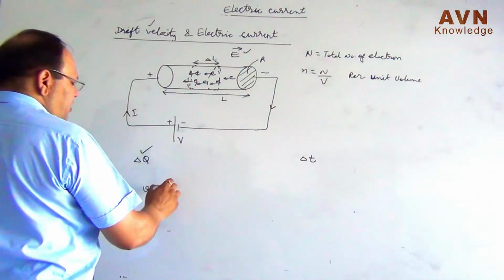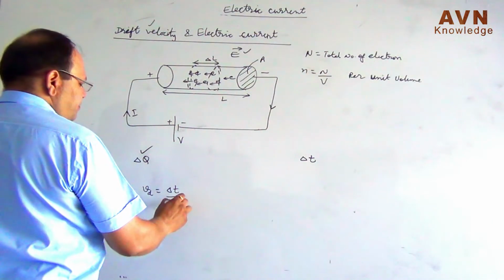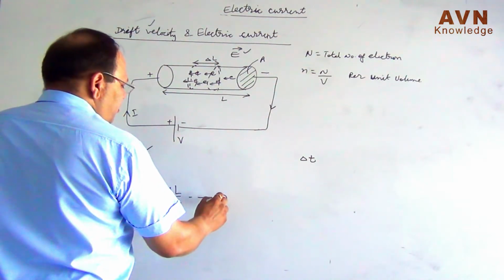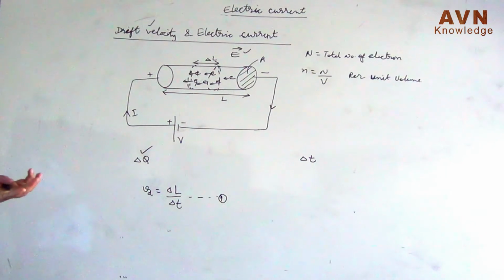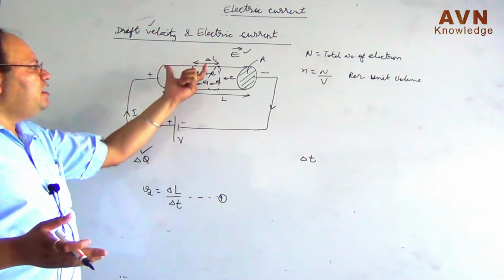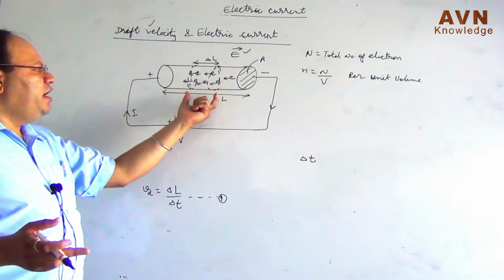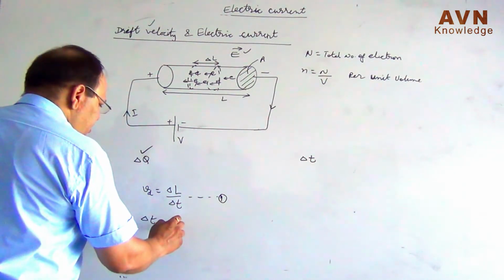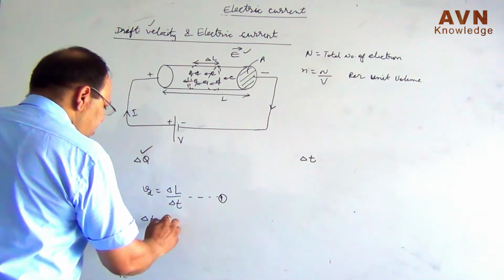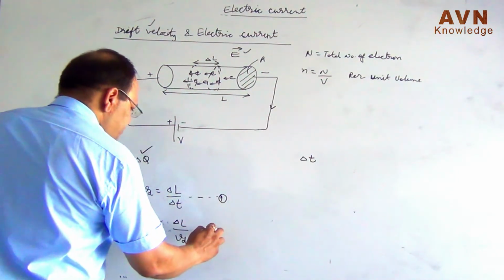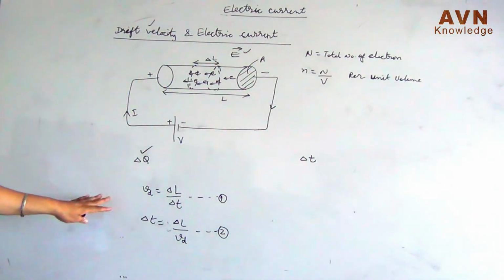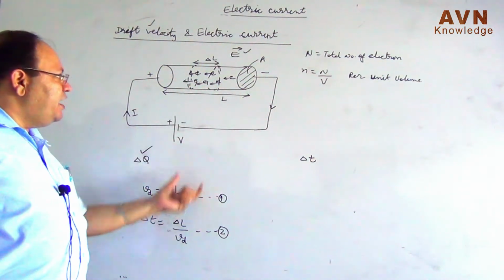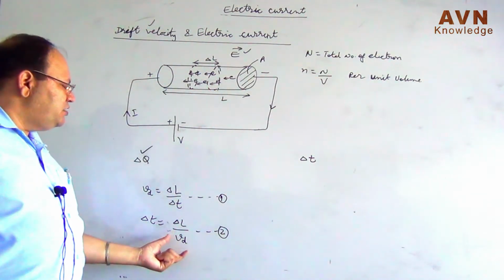The displacement is delta L and the time is delta T, which is the basic definition of velocity. So delta T equals delta L upon Vd, where delta L is this fraction length and Vd is the drift velocity.